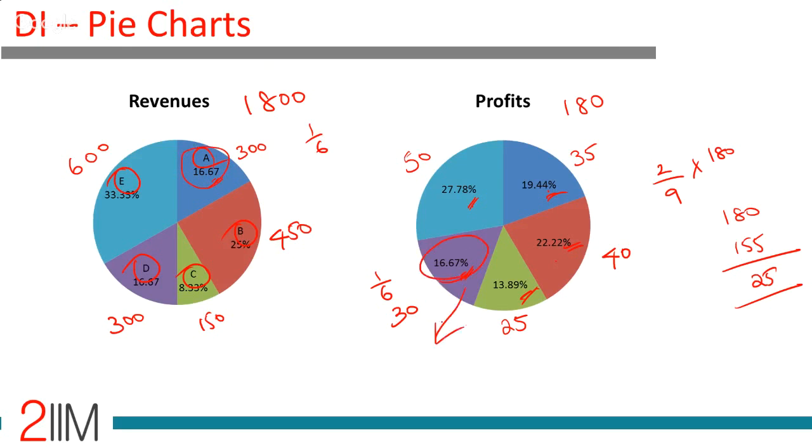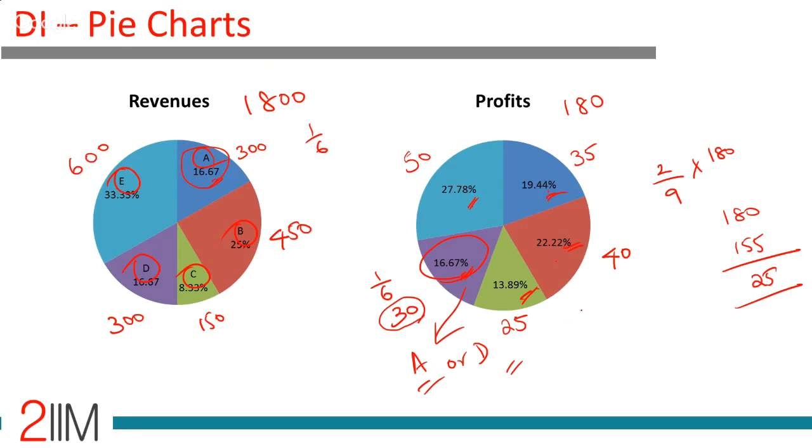So this should be either company A or D. Funnily enough, that's not a big giveaway because there are two companies with the same share of revenue. The profit margin for a division is the same as that of the overall company, and share of revenues for the division will be equal to share of profits for the division. So this division, which makes a profit of 30 crore, should be A or D. We do not yet know whether it is A or D, but it's one of these two.